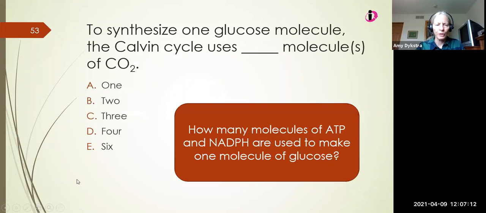Now, how many molecules of ATP and NADPH are used to make 1 molecule of glucose? Let me show you the figure again, because I don't expect you to memorize it. How many ATPs and NADPHs to make 1 glucose?